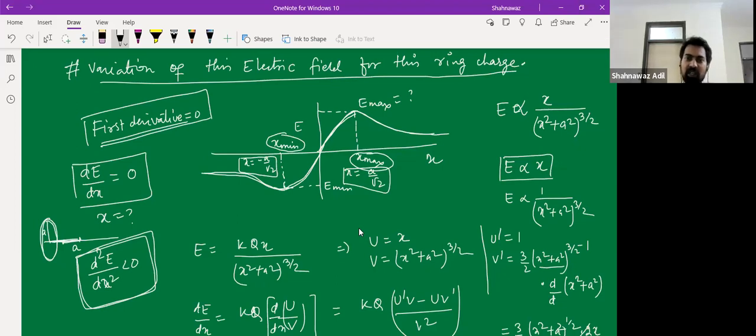So when we didn't know the graph, then we would have applied this method. But we know the graph, and we know that this is the maximum value and these are the two minimum values, right? So from the graph, we know that, so we don't need to calculate this double derivative. Understood? Yes, sir.